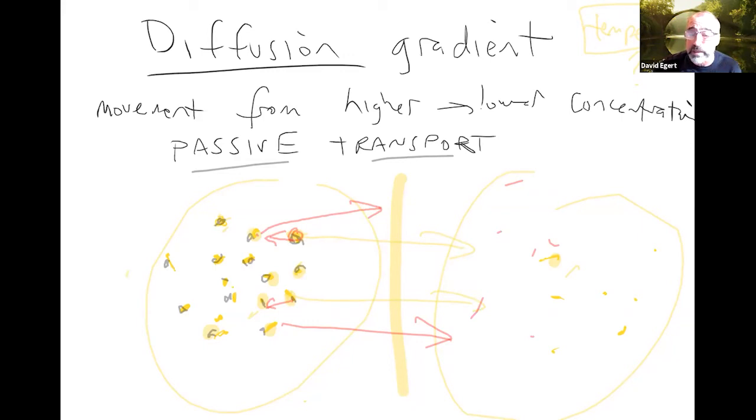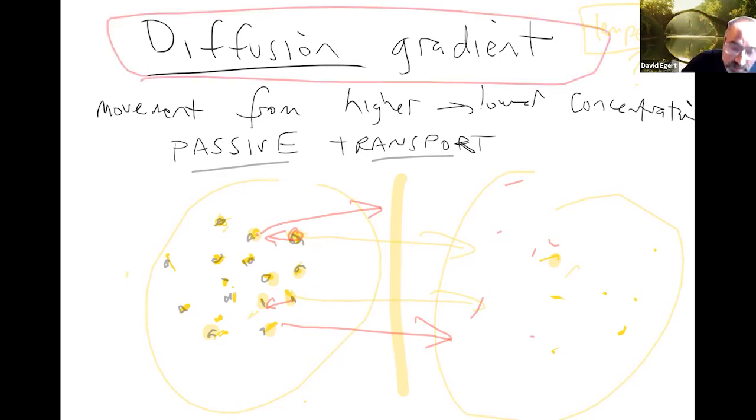The rest of the classroom's empty, and then you cut them loose. They're not thinking, oh, let's go from high to low. They're just bouncing off everything, and they're going to start spreading out from high to low concentration. It's kind of like that. They just naturally are going to be bouncing around and drifting from where there's higher to where there's lower concentration.